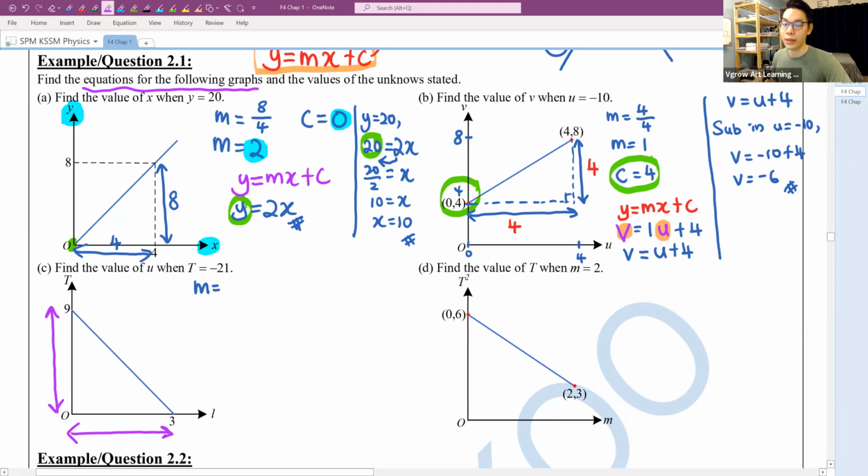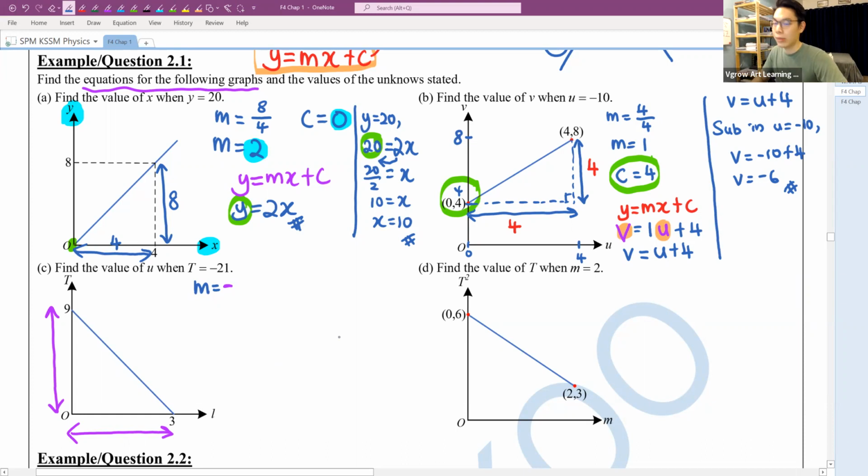I want you guys to do the gradient. And then you also think, is this a positive gradient or is this a negative gradient? If negative, don't forget to add a negative yourself. And also what is the C value? Find out your M and your C first.